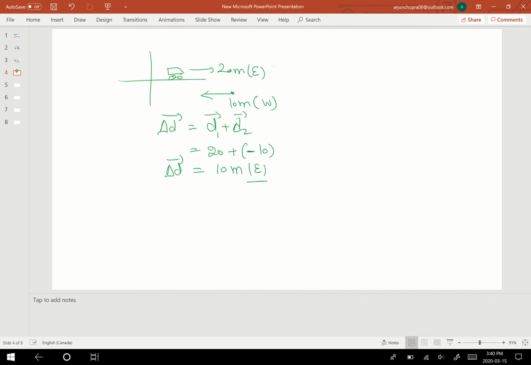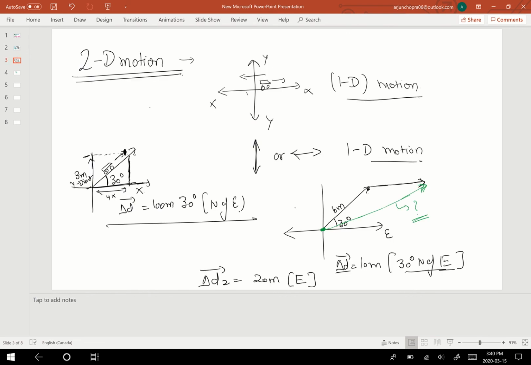So you directly added these two values by taking their signs into consideration, and then you solved it. But when it is a 2D vector situation like this, you can't directly add.